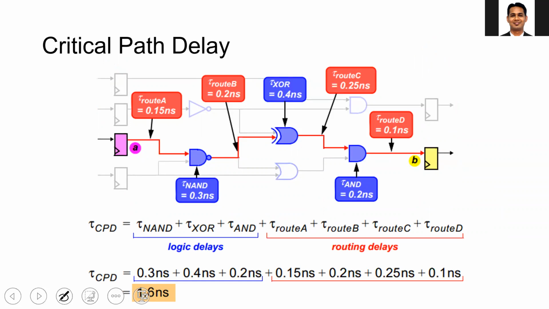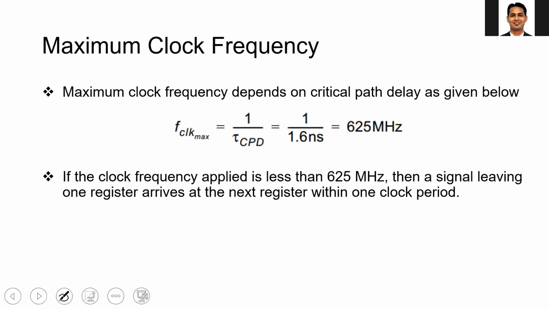And why? What is the importance of the logic delay and the routing delay? Your clock period should be greater than this delay, and that means your clock frequency should be inversely proportional to the critical path delay, that is nothing but the TCPD.